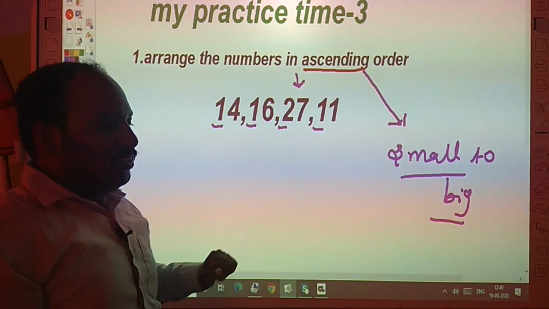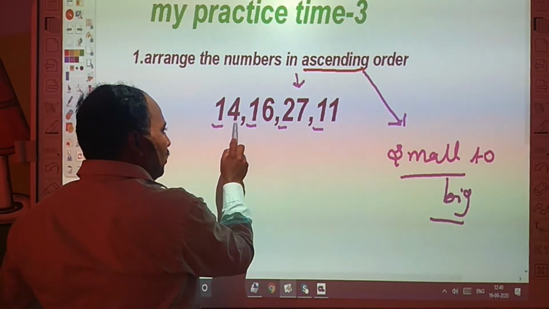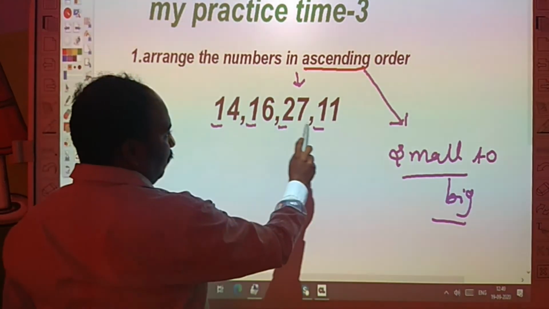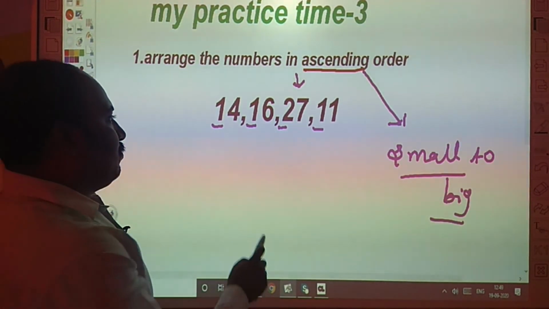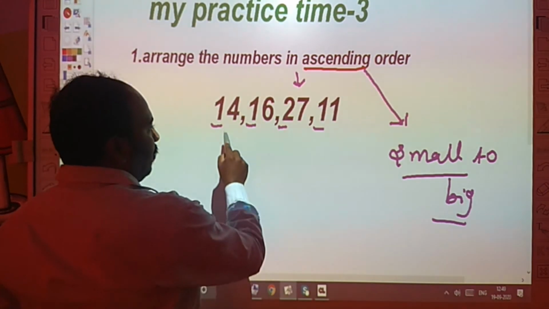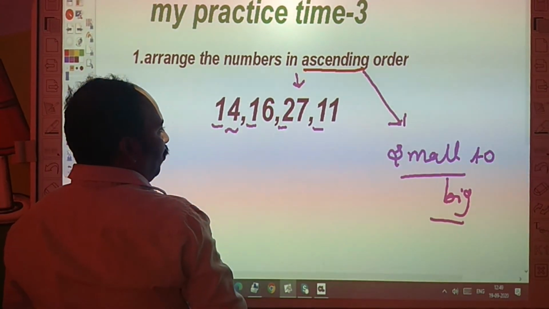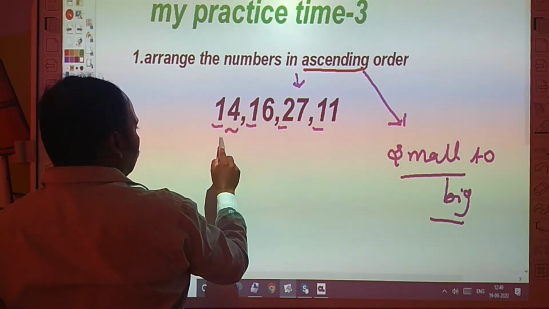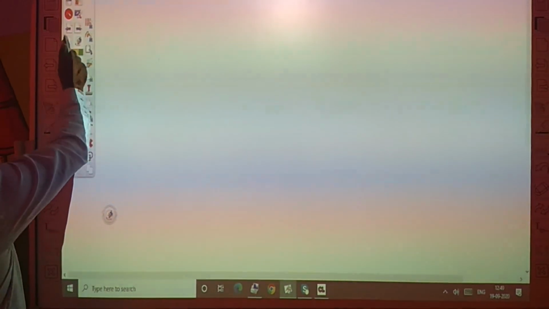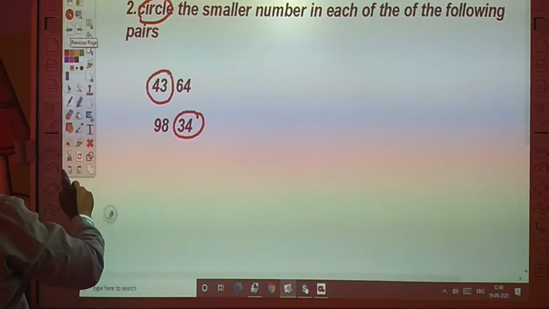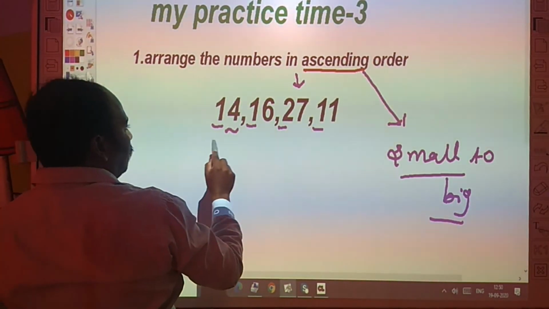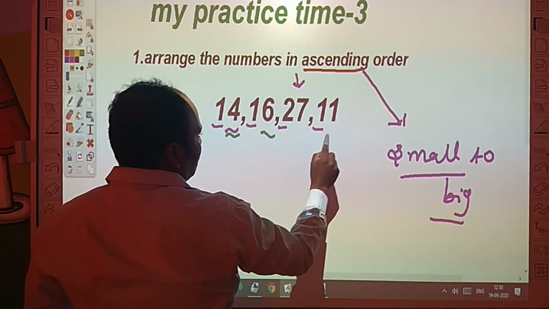14, 16, 11. First we compare the ones place. The ones place is 4, 6, 1.